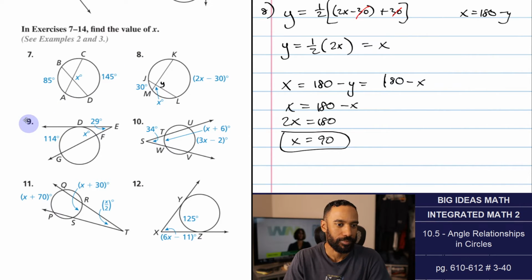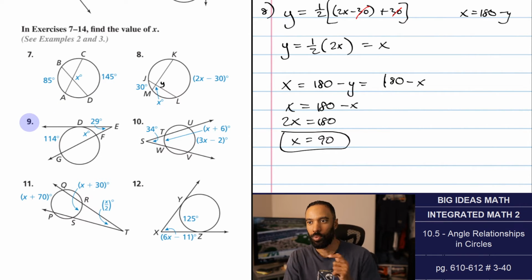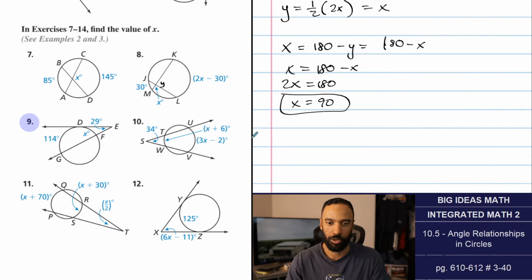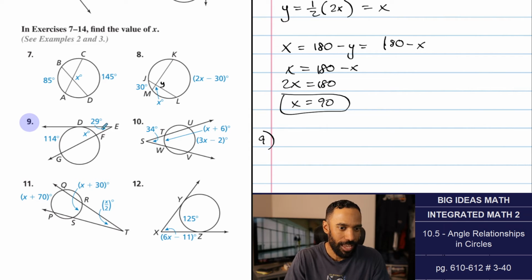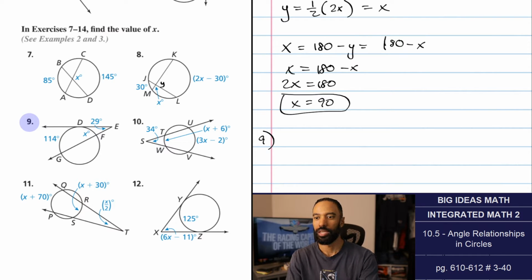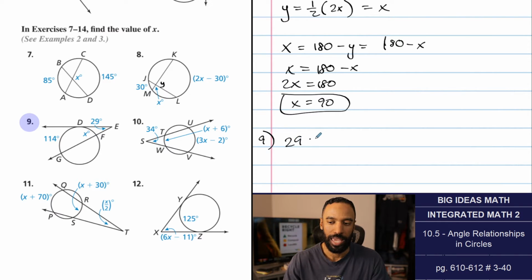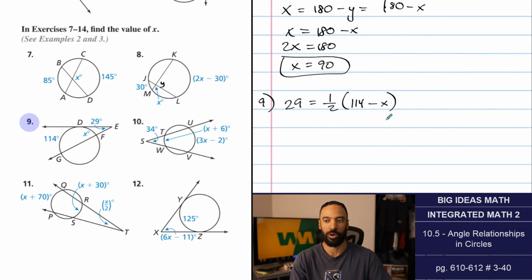Number 9. This time, we have the intersecting part outside the circle, so we're going to subtract two measures. Not the inscribed angle, but this angle with these intercepted arcs, this will be half the difference of this one minus this one. So 29 degrees, not x, but 29 degrees is half the measure of the difference of the bigger arc minus the smaller arc, and x is that smaller arc.